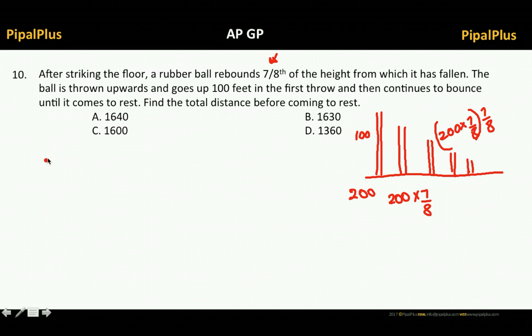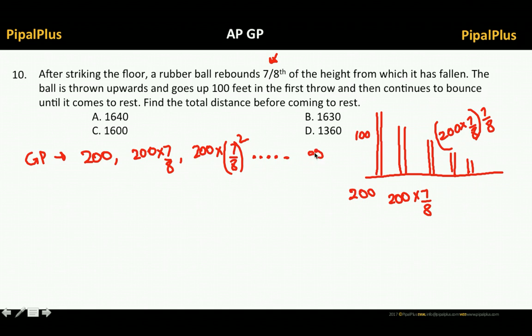So basically I'm getting a geometric progression whose first term is 200 and whose common ratio is 7 by 8, then 200 into 7 by 8 square, and so on, all the way to infinite terms. So this is what I'm required.